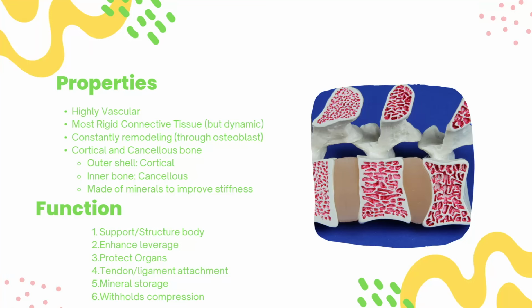When it comes to bone properties, bone is highly vascularized, and this means that it gets a lot of blood supply. And where most of those blood vessels are is along the shaft of the long bones, so the diaphysis of the bones. Bone also is a very rigid type of connective tissue. It's very rigid, but it's very dynamic.